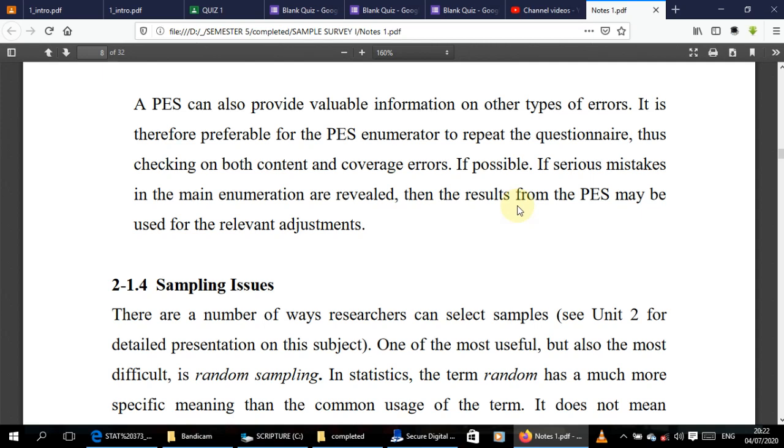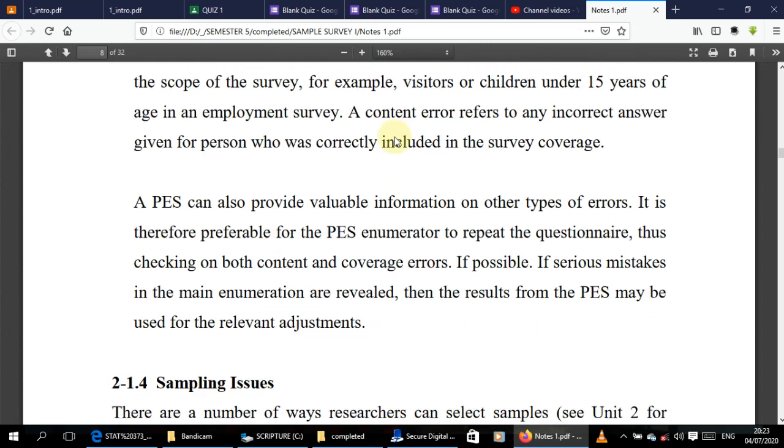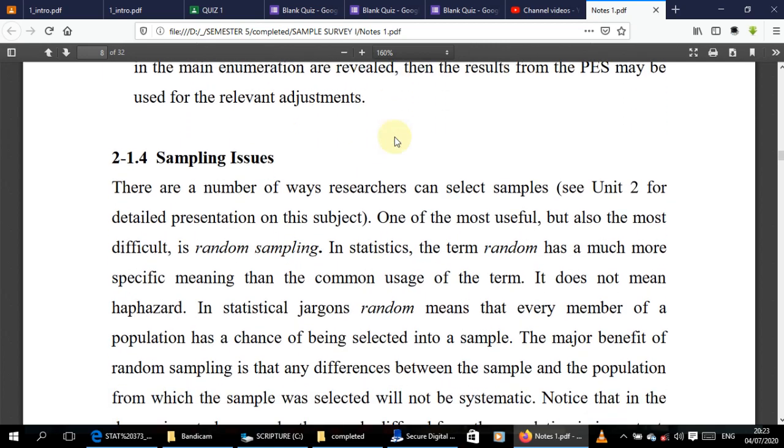The sampling errors occur because you are not using the whole population, but you are picking a portion of the population to do your survey, right? And then the non-sampling error has nothing to do with you doing the sampling, all right?